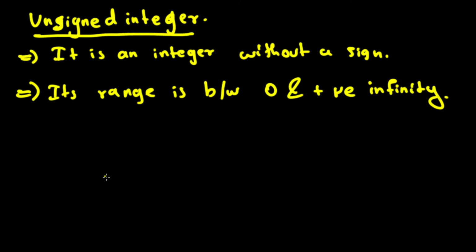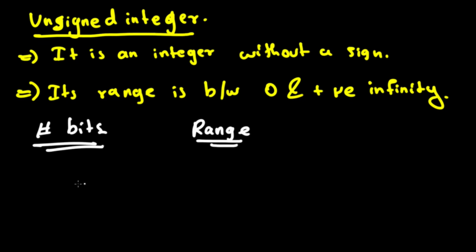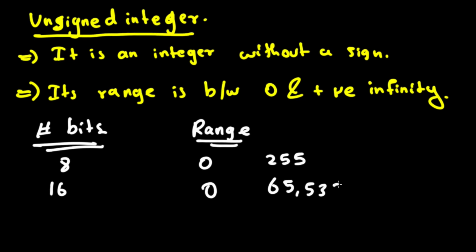Now let's look at the number of bits and the range of each of these number of bits. For 8 bits, the range is 0 to 255, and if it's 16 bits, the range is 0 to 65,535.